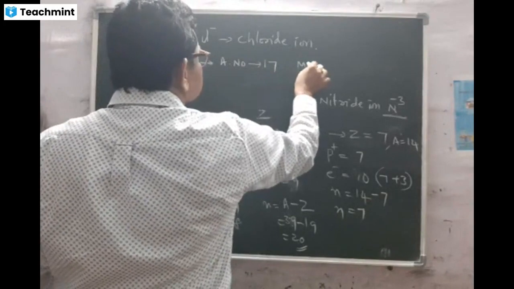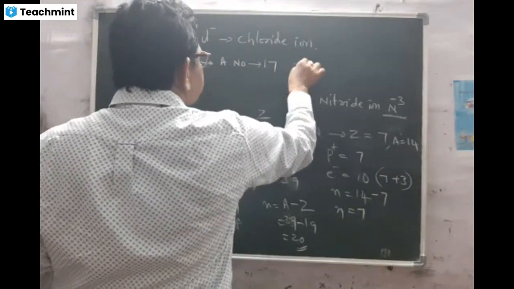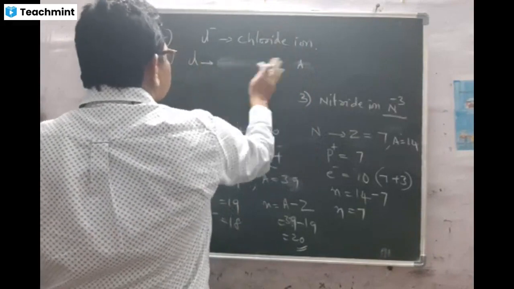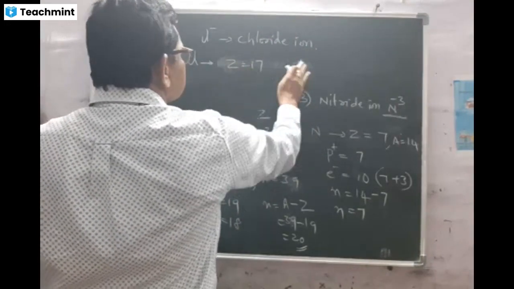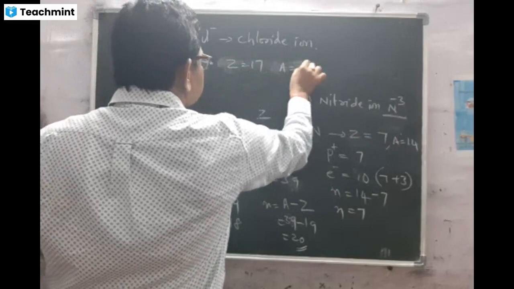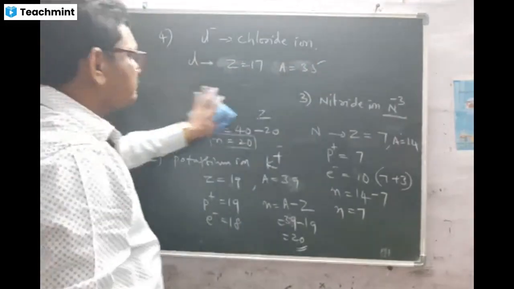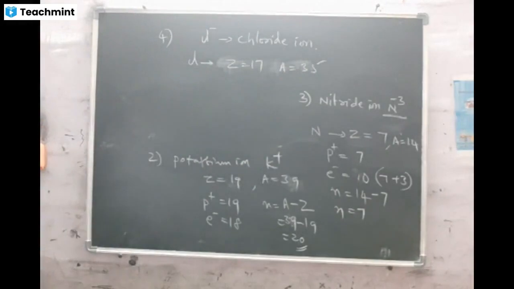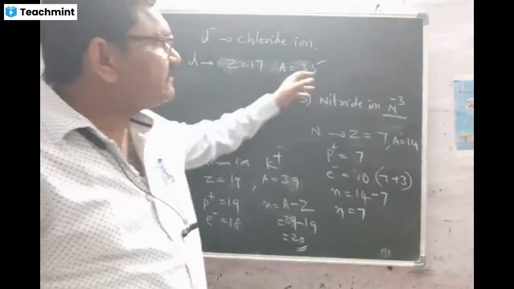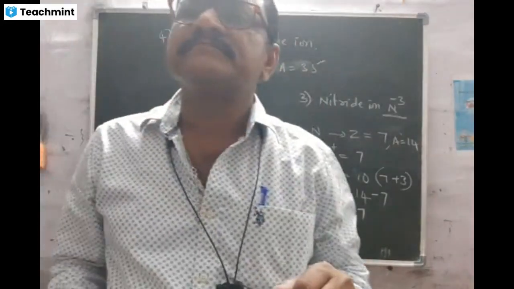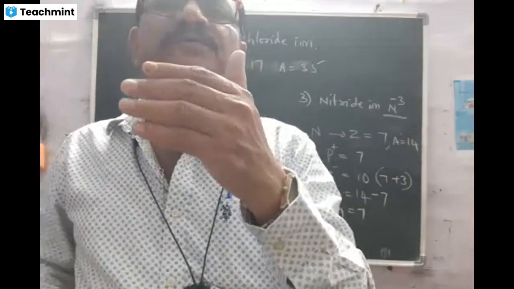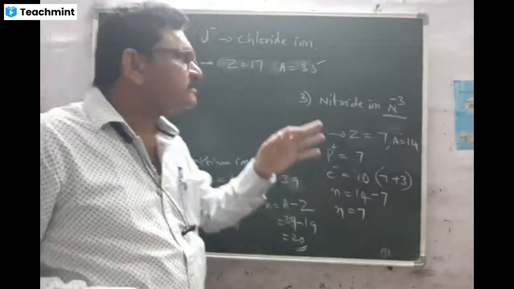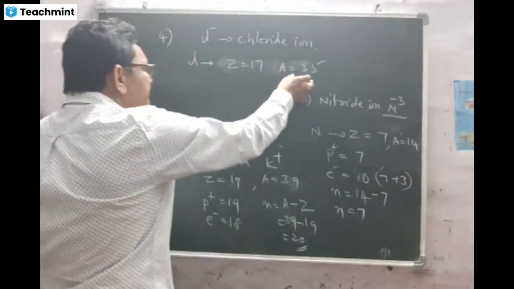Mass number is A, atomic number is Z. Z is 17. Mass number A is 35. Actually, in your notes it is 35.5, but you don't need to write 0.5 and all those things. You ignore it. So the mass number is 35.